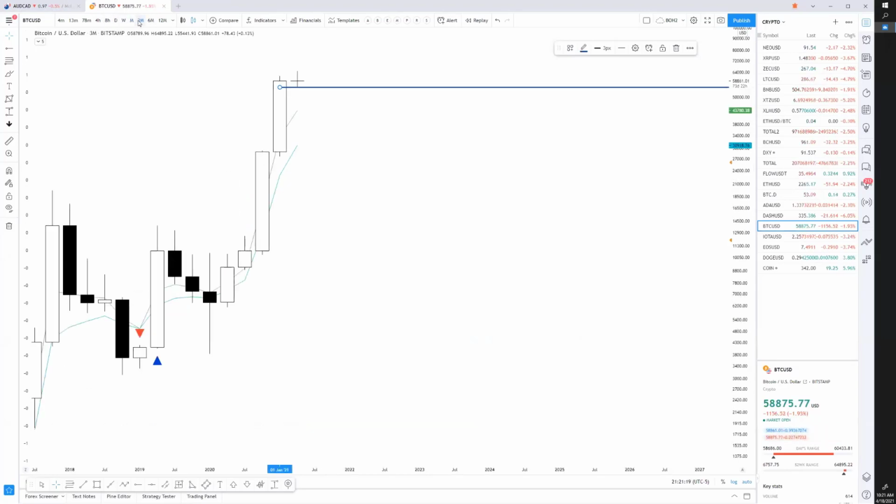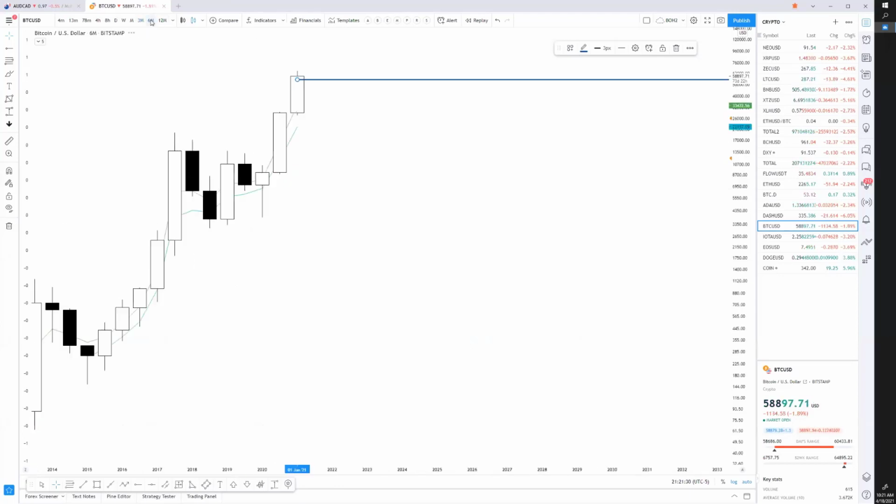3-month chart, makita mo rin, it's a tight range. So hanggang end of June, pwedeng mag-tight range lang ito, si Bitcoin. Now, the reason why corrections for now will be limited is because of the 6-month chart which is controlled by the bulls.